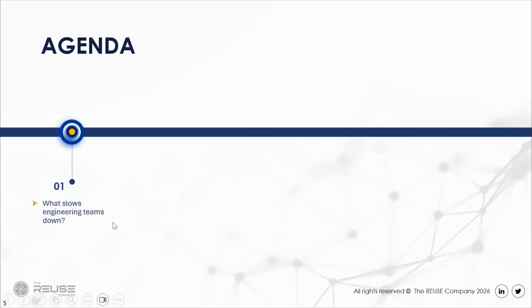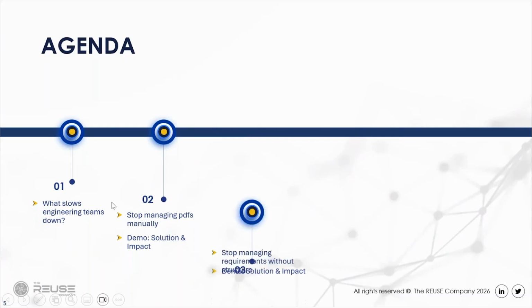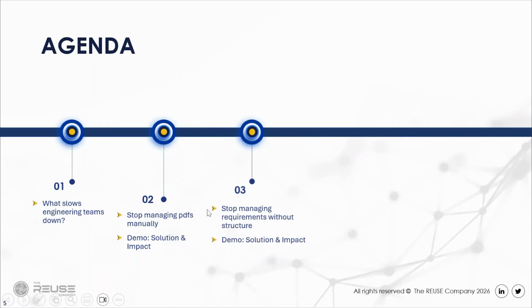First, we'll try to understand what problems engineering teams are facing, which slow them down. Second would be how one can stop managing PDFs manually, with a demonstration as well. Third, how one can stop managing requirements without structure.